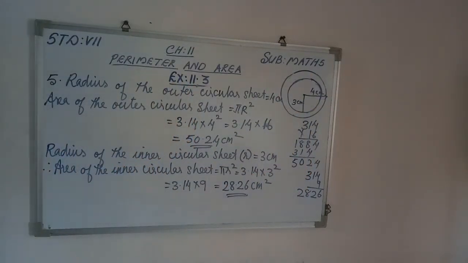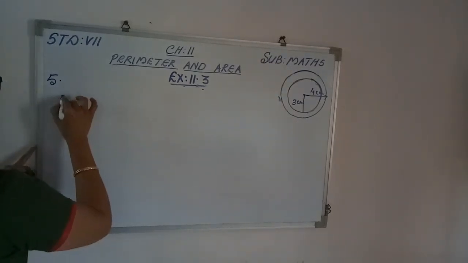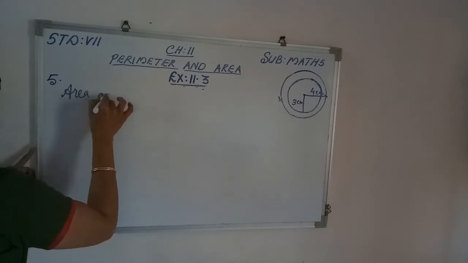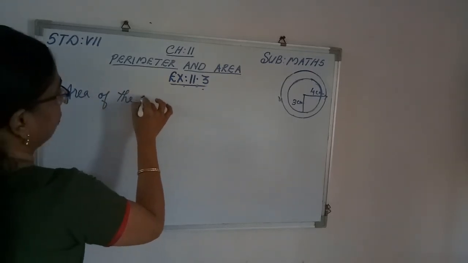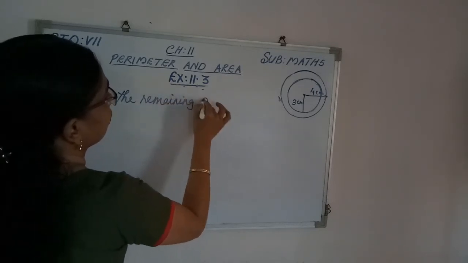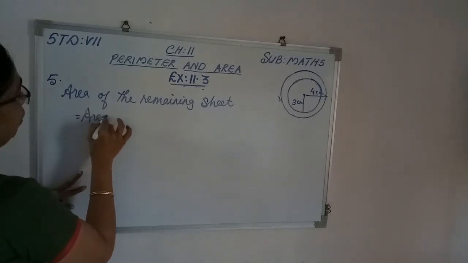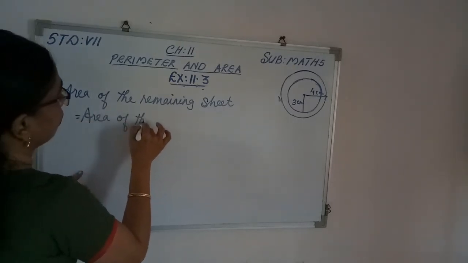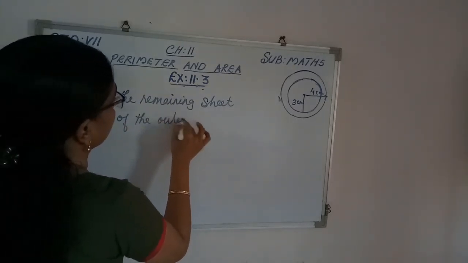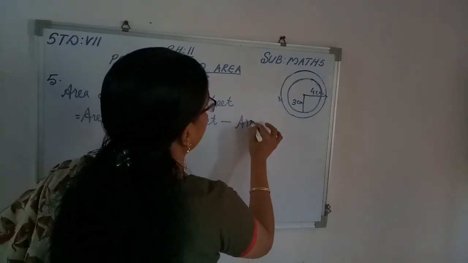Then you will get the area of the remaining sheet. Area of the remaining sheet is equal to area of the outer sheet minus area of the inner sheet.